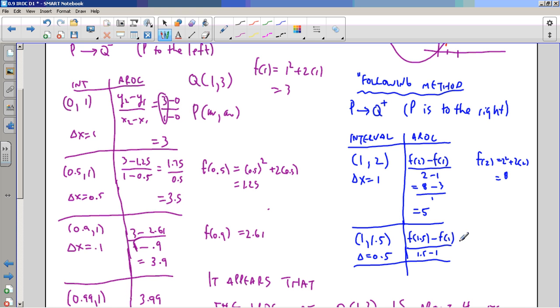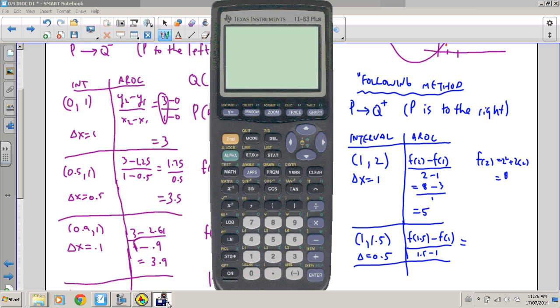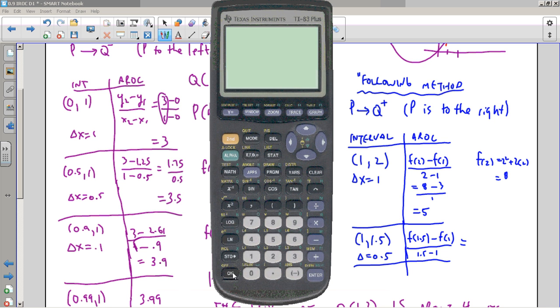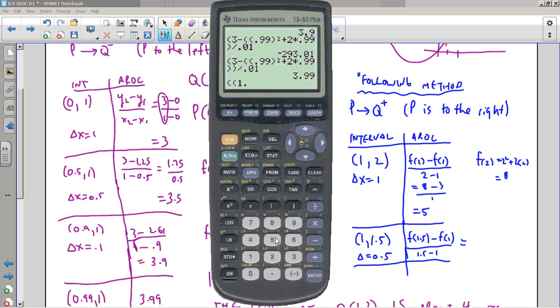In brackets, 1.5 squared plus 2 times 1.5.